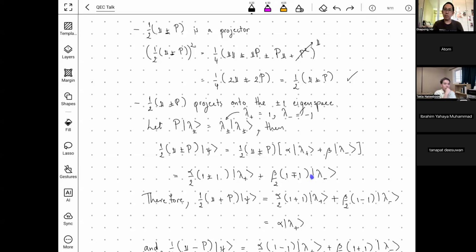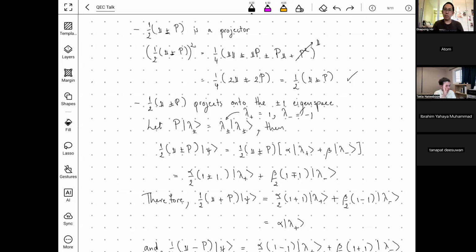Well, all projectors are idempotent, but Pauli matrices themselves are involutions. Am I correct? Let me look up, I don't want to just recall. Okay, an idempotent is a bounded linear operator on a Hilbert space such that its square is equal to itself.